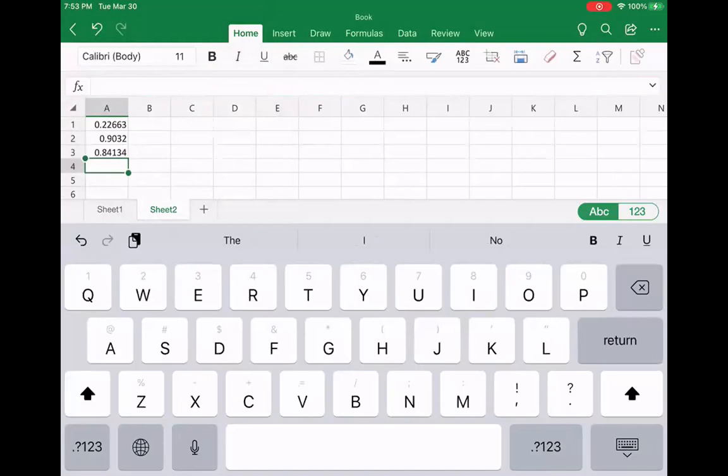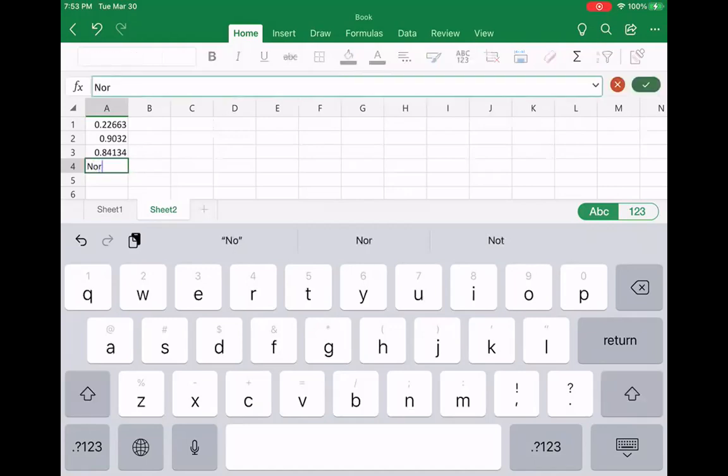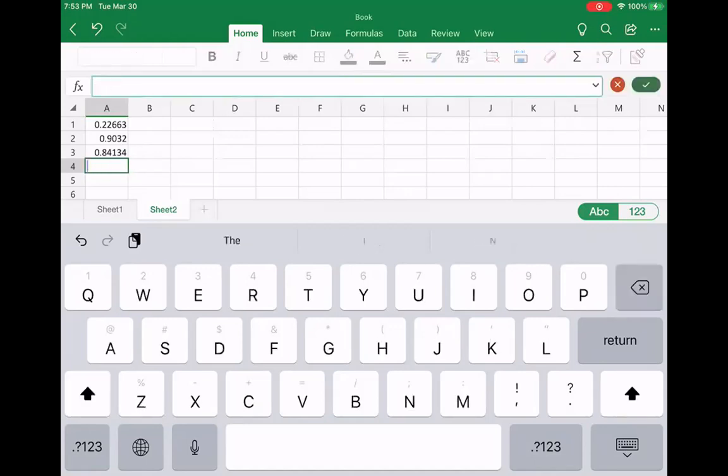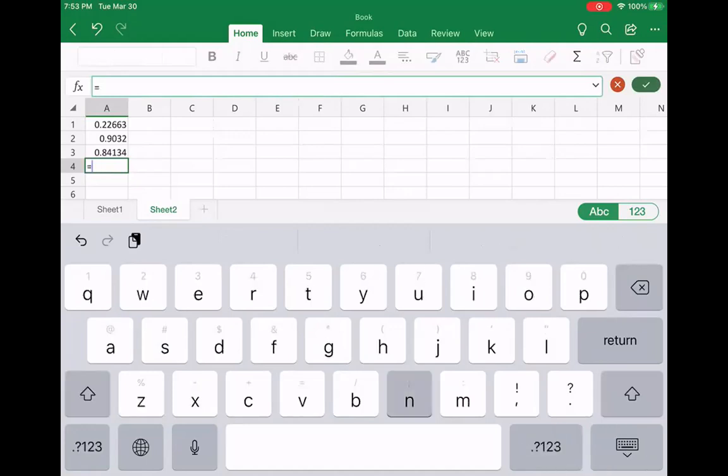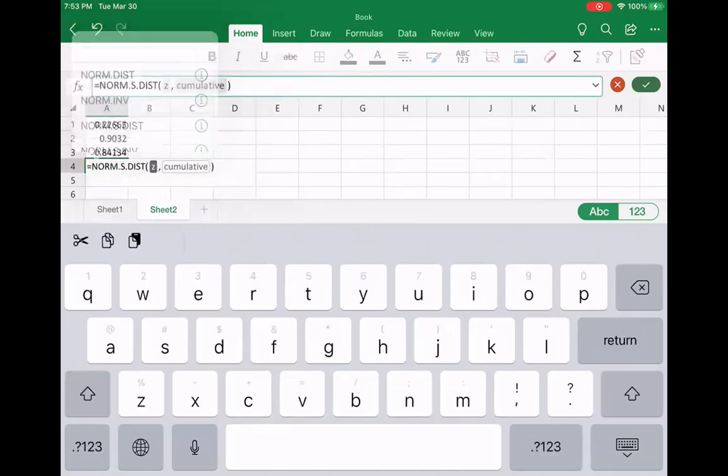Or instead of doing all of that, remember what I just told you? If I want to find greater than -1, what else can I look at on the chart? Positive. If it's greater, then you can always flip the sign and look at that value. So I can do NORM.S.DIST.